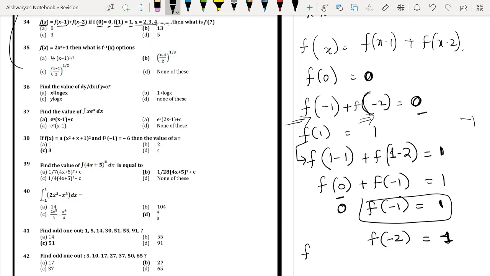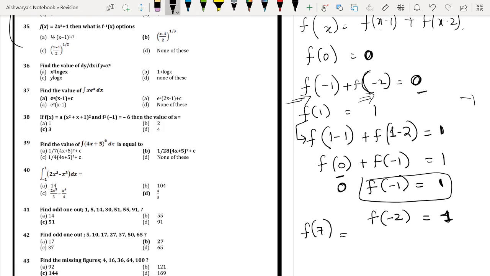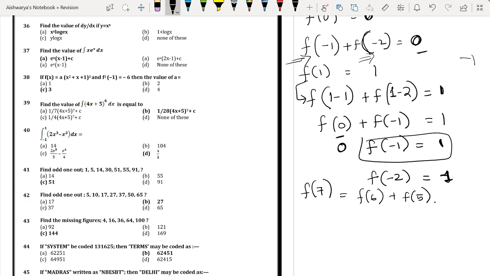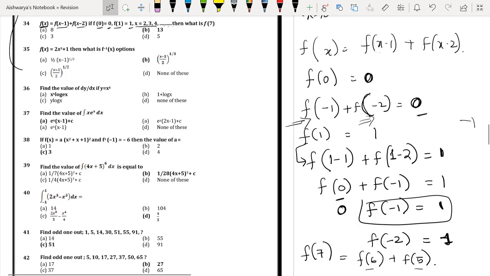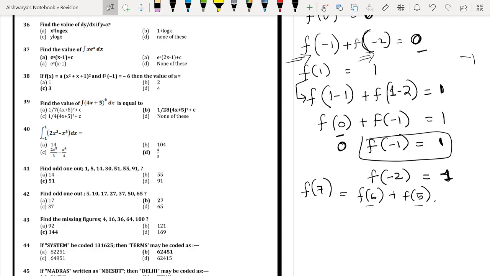So let us find out f of 7. f of 7 will be f of 6 plus f of 5, the sum of these two. So f of 1 is 1. f of minus 1 is also 1, we've got here.